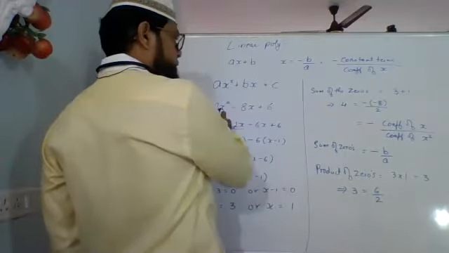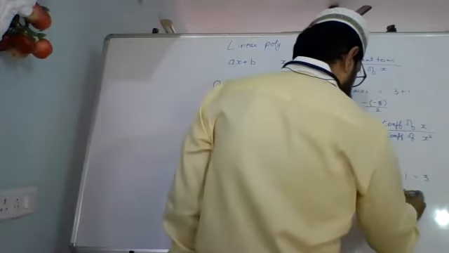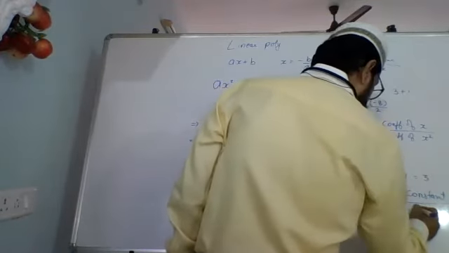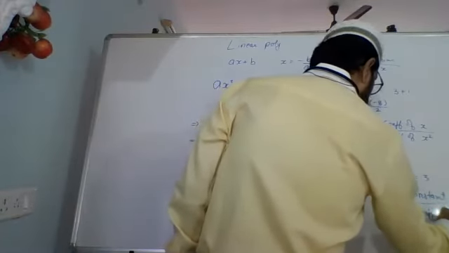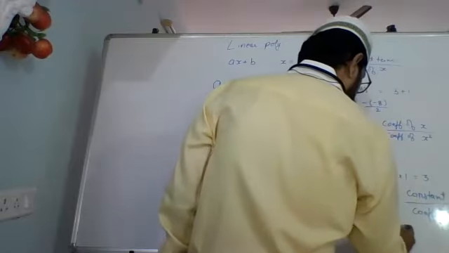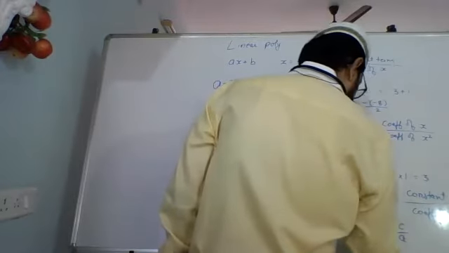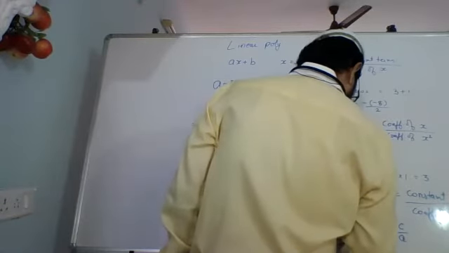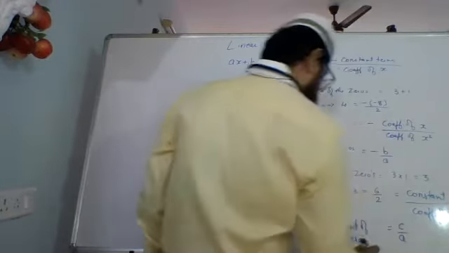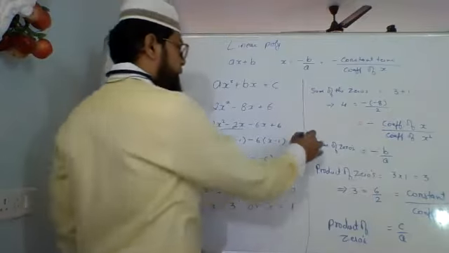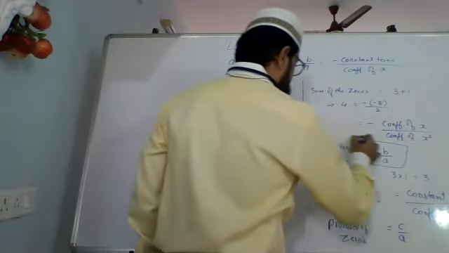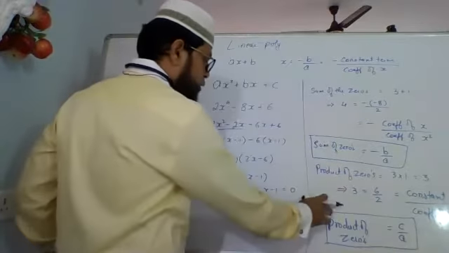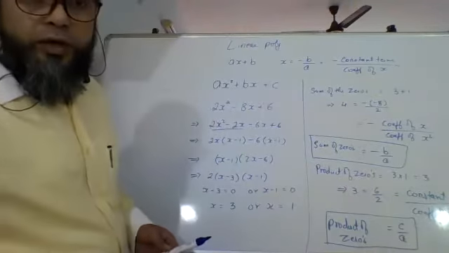This constant upon coefficient of x square, which also is nothing but c upon a. Product of zeros is c upon a. In case of quadratic, the sum of zeros is this and the product of zeros is this. Copy this, then we'll proceed further.